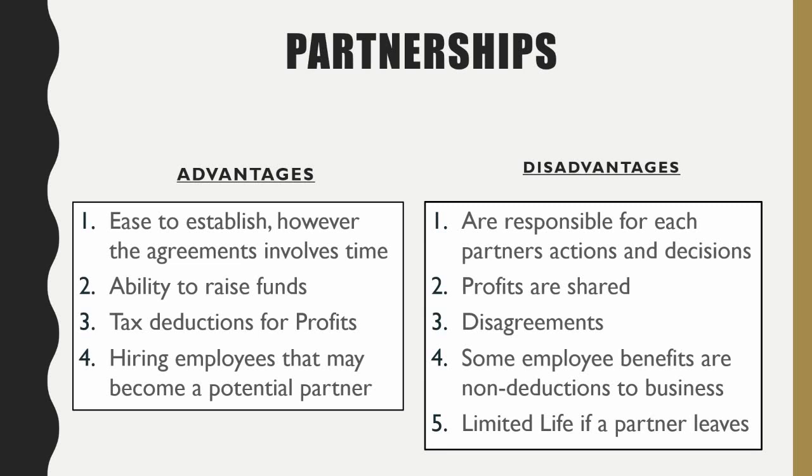Then that partner can choose to leave the company at any given time without any explanation. They can just walk away, and then your partnership is dissolved immediately, right? You need to have 2 or more people in order for your company to maintain its status as a partnership, okay? And you need to have that and hold true. So if a partner walks away, that's it. You're done for the business unless you find someone to replace them in a timely manner.